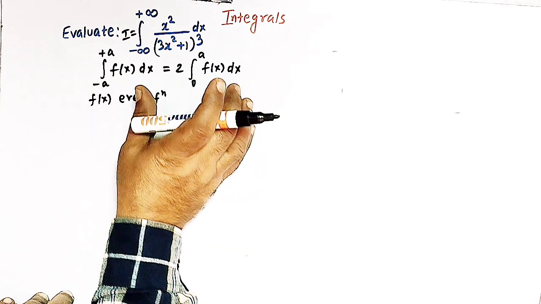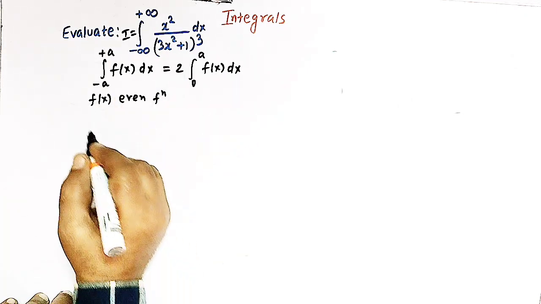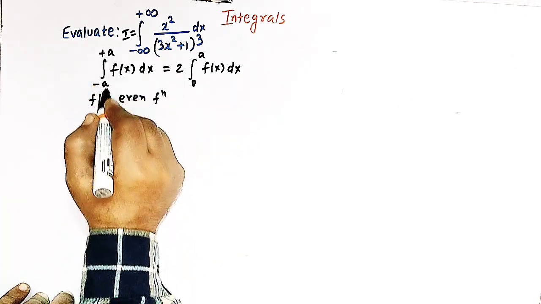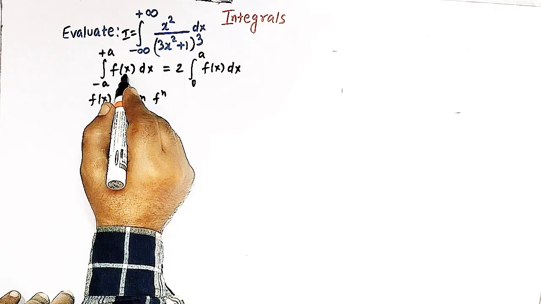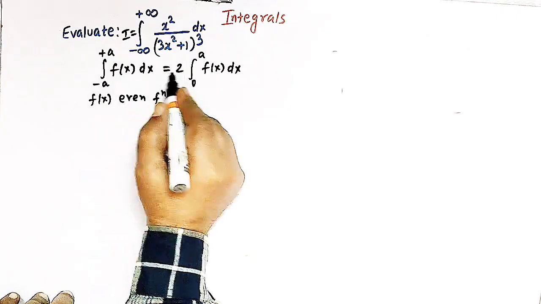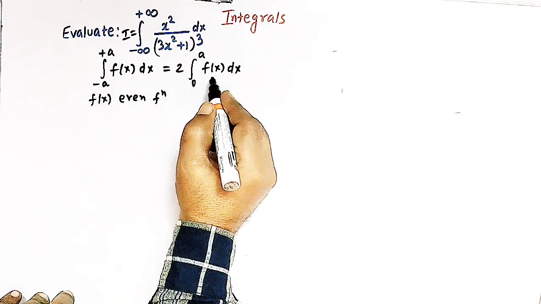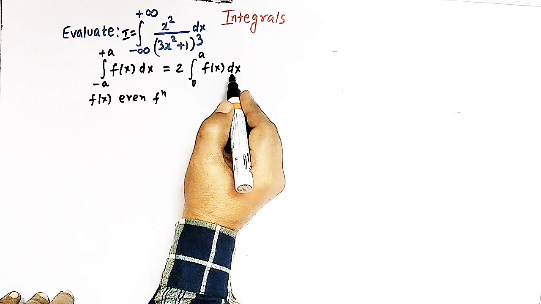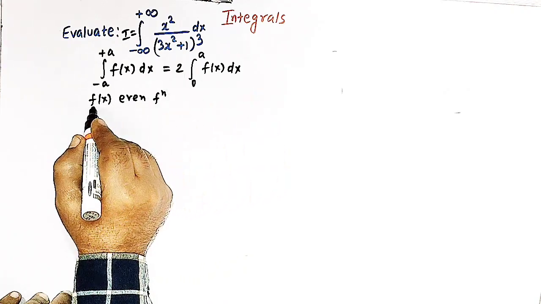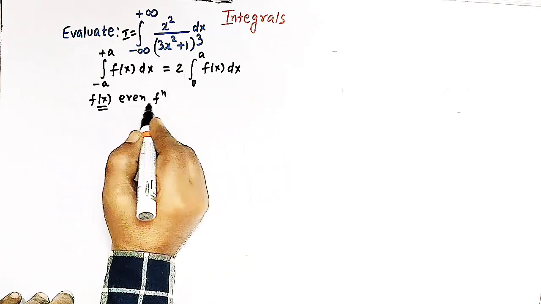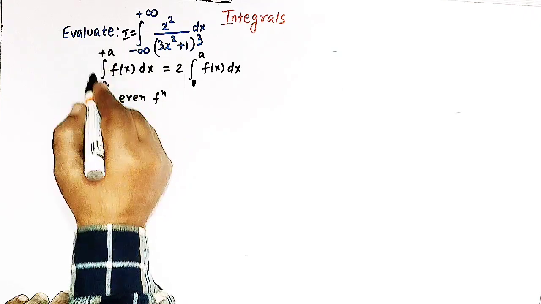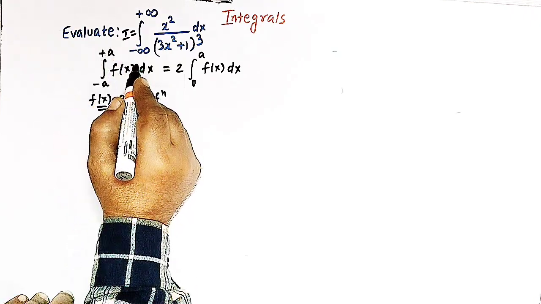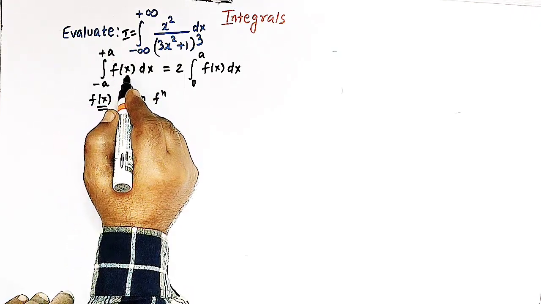So this is an important property of definite integrals, where we can simplify this integral from minus a to a f x dx is equal to 2 times integral from 0 to a f of x dx, provided f of x is an even function, right? And in case of odd function, this integral reduces to 0, right?